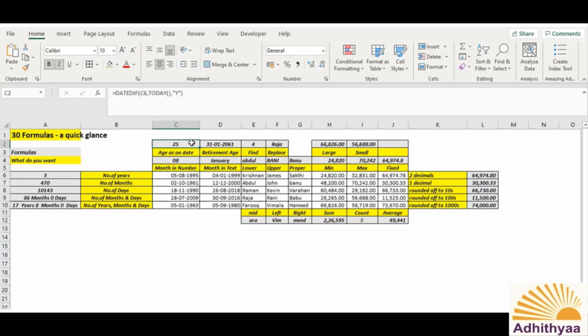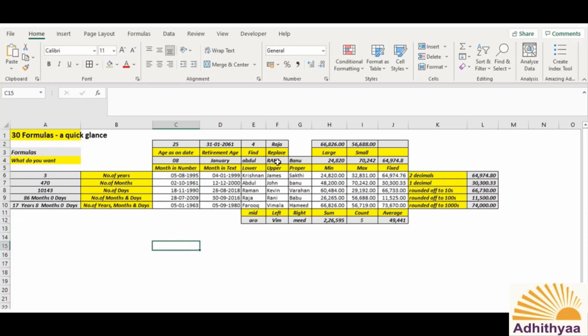So I have used this formula equals DATEDIF, C6 is this particular date, followed by TODAY. I have used another formula here. TODAY open and close bracket will give you today's date, followed by Y, that means years, number of years. So you can find out the age.